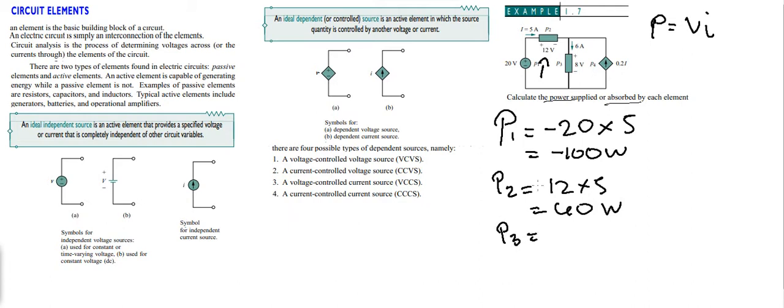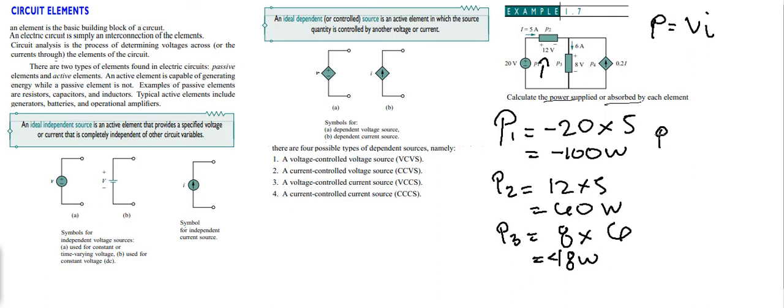For P3 we have 8 times 6, nag-flow dyan. 8 times 6, 48 yung value niya.